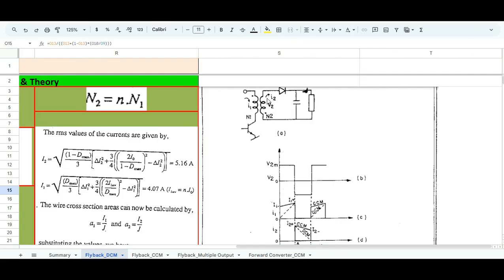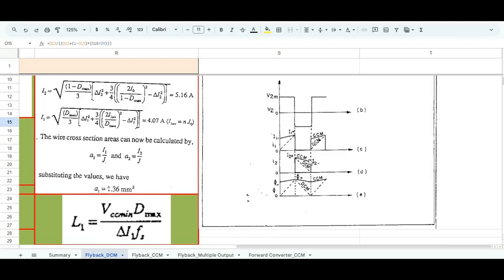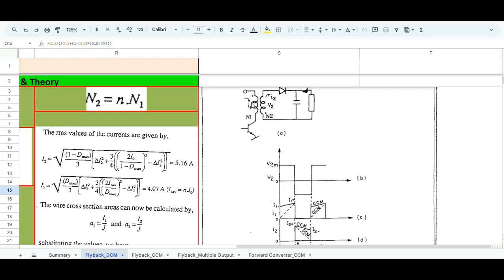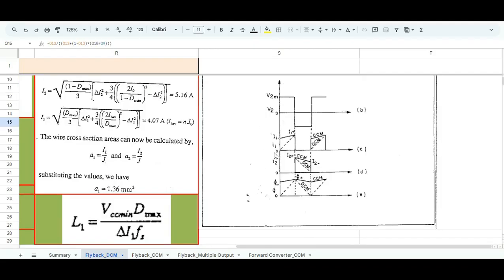You have the secondary side, the diode, the output capacitor, and the load. What you see here is my I1. I1 means the primary peak current, or the magnetizing current. Both are the same in the case of the flyback converter.